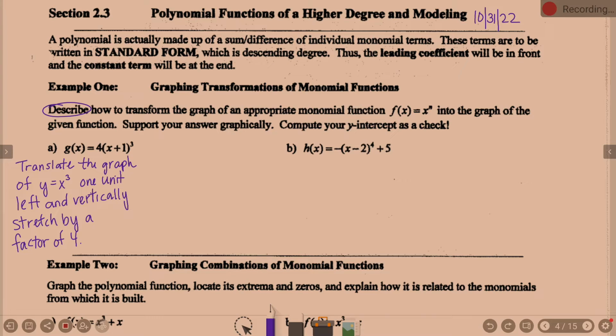Okay, so that's my description there. We're going to take the graph of y equals x cubed. We're going to go 1 unit left, and we're going to vertically stretch by a factor of 4.